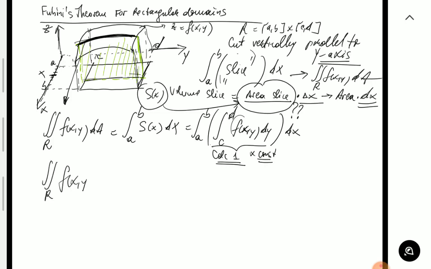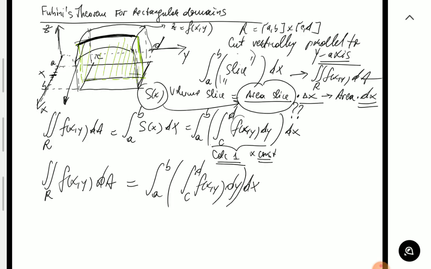So bottom line, this is basically what Fubini's theorem states: the double integral of a function of two variables over a rectangular domain is equal to an iterated integral of two Riemann integrals of calculus 1. One with respect to y, and then the result with respect to x, in that order, from the inside out. So when you compute it, you're going to do this succession of two integrals from inside out.